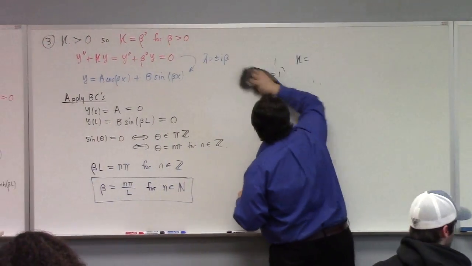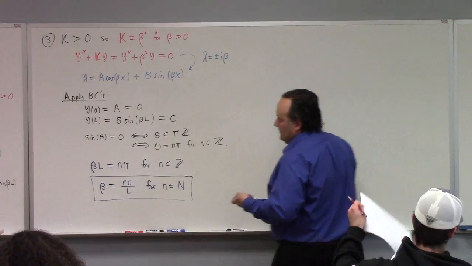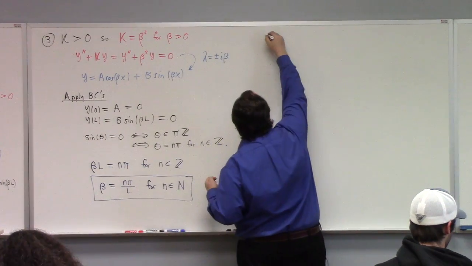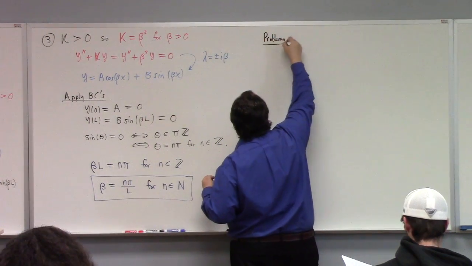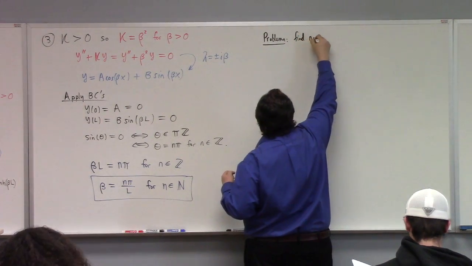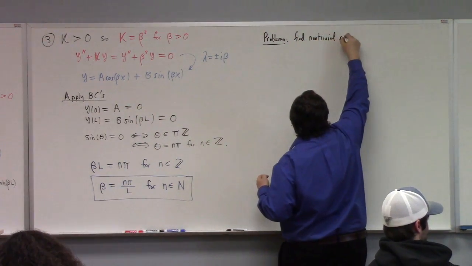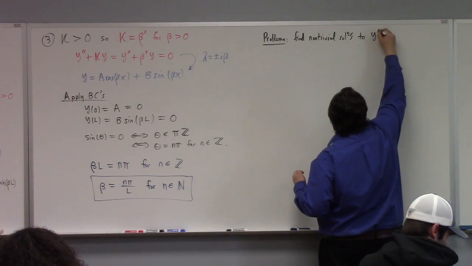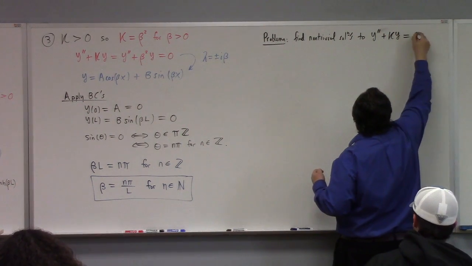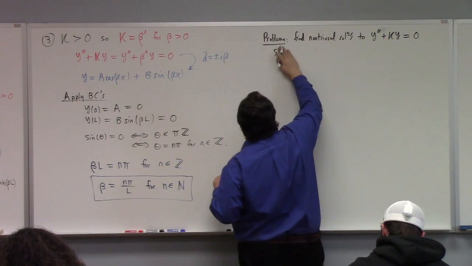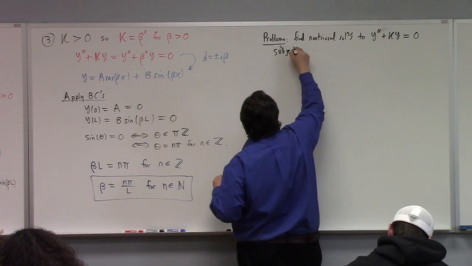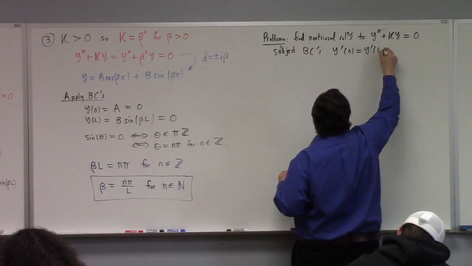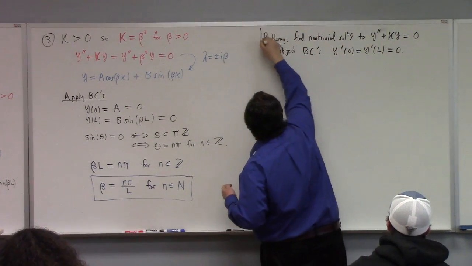The problem I want to study next: find non-trivial solutions to y prime prime plus ky equals 0, subject to boundary conditions y prime of 0 equals y prime of L equals 0. All right?